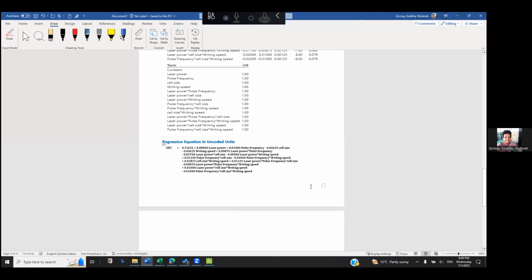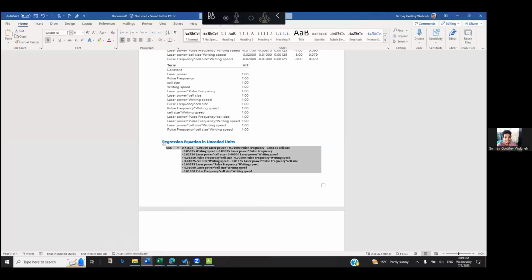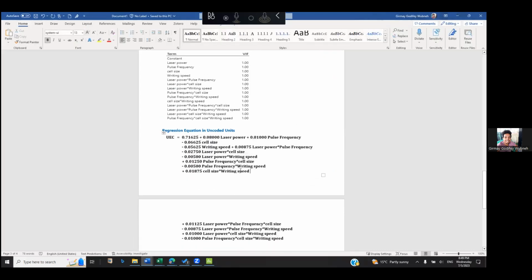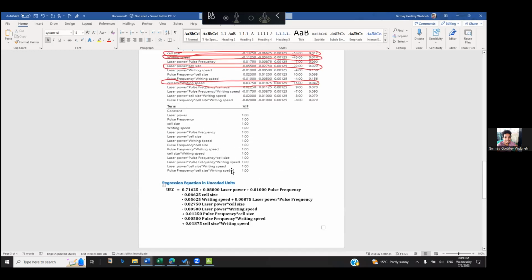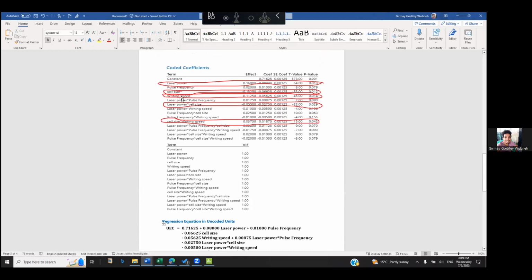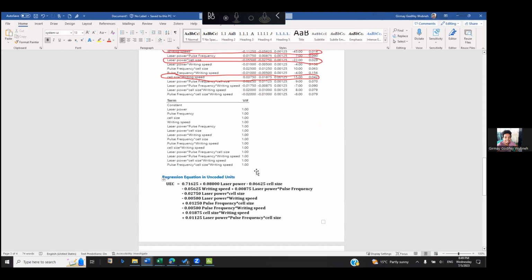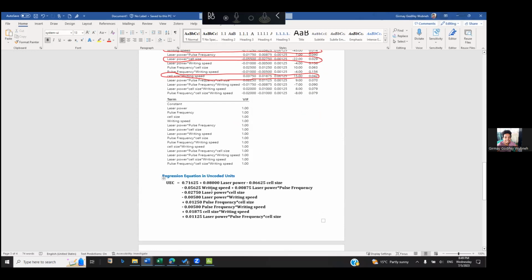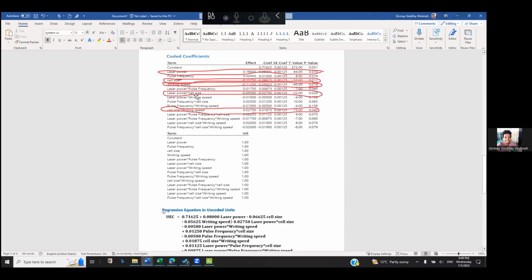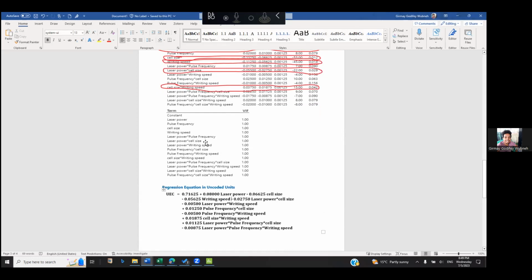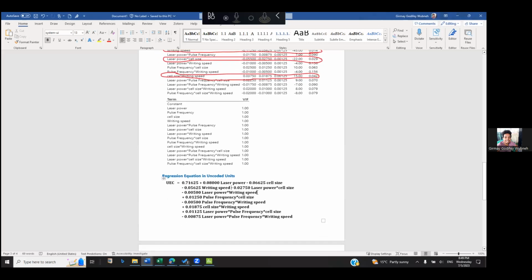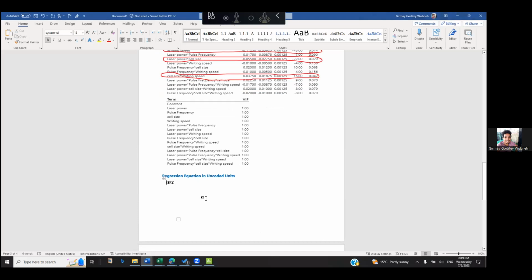By default it includes all the effects. In the regression model, the significant effects are linearly laser power, cell size and writing speed, and the interaction effects laser power with cell size, cell size with writing speed, and similarly laser power with writing speed.